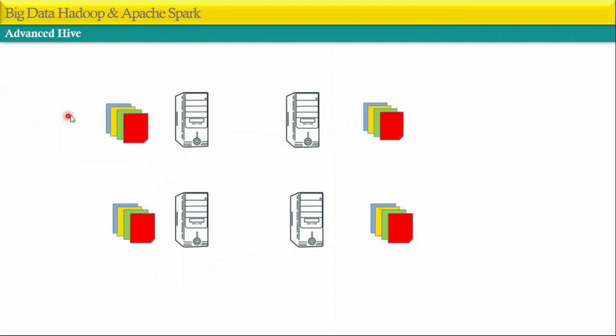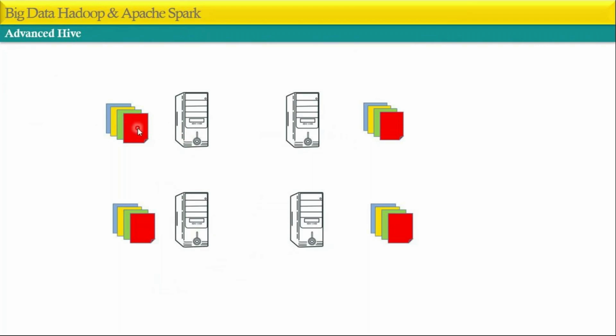So this particular file, you are able to see, the colors are denoting the partitions. If we are going to put this data into these machines, it is not properly grouped.